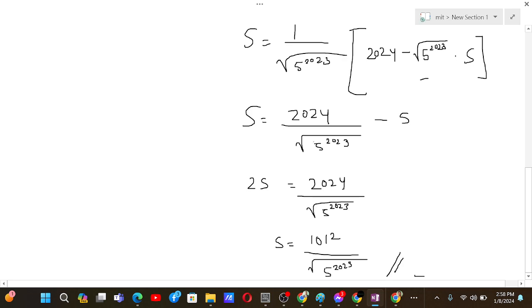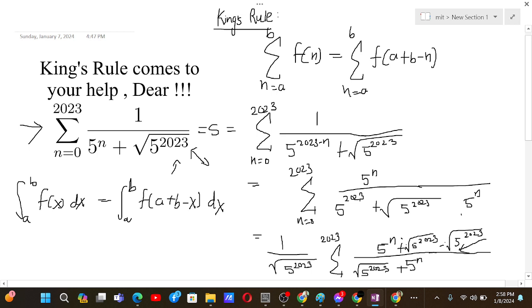So that's the answer. The answer is 1012 by square root of 5 to the power 2023.